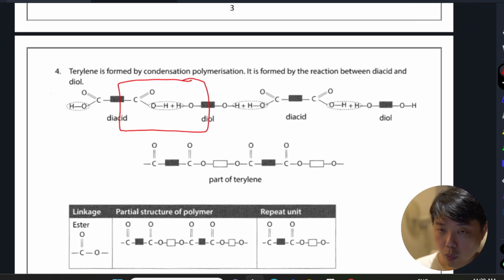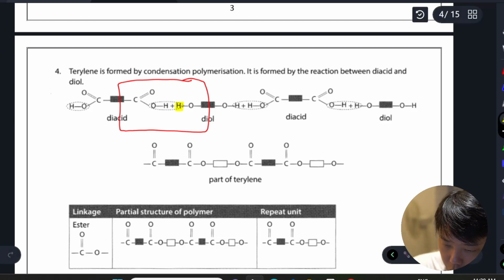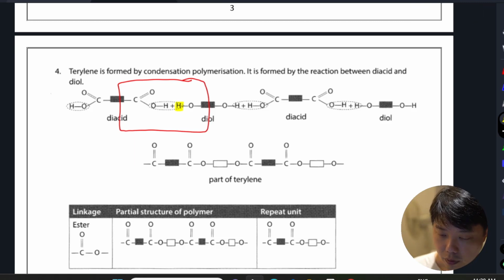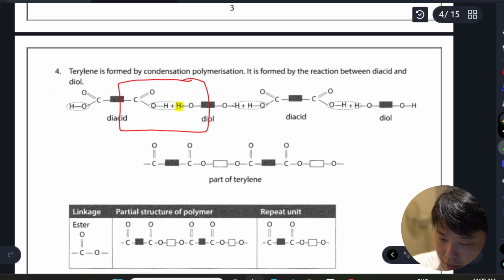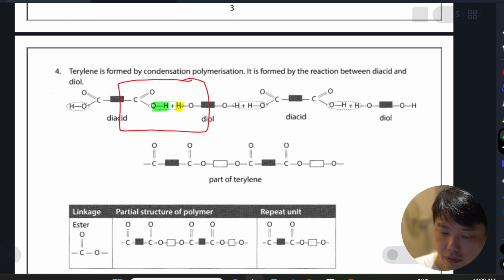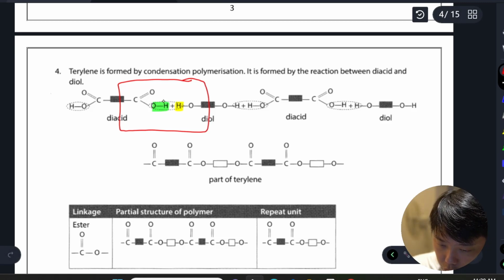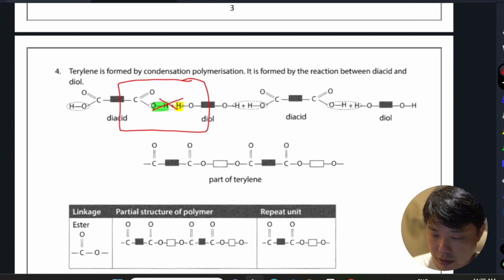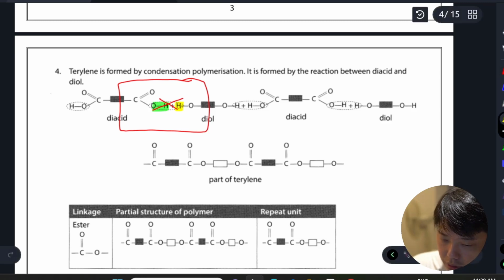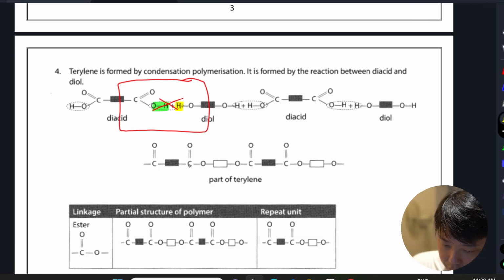You can see the way that they form the ester linkage is taking out an H from the alcohol side of the diol and taking out an OH from the acid side of the diacid. So we literally just remove these 3 atoms, and we form a new bond that joins this carbon to the oxygen here.